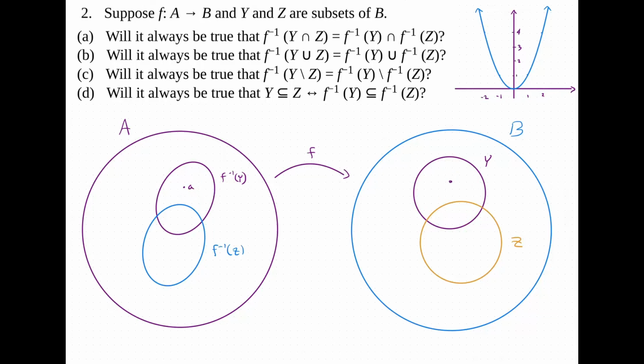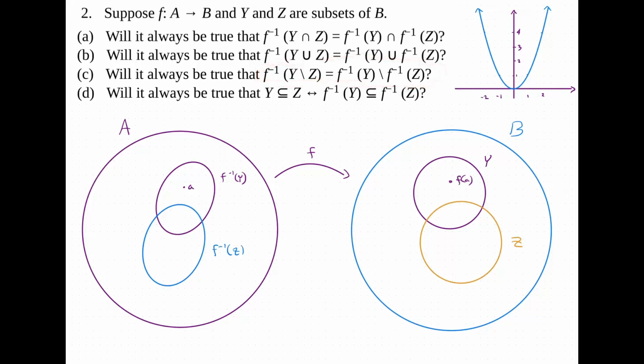And so we have f of A is over here. And by definition, f of A, since it's in the union of y and z, then A has to be in the inverse image of y union z. And so you can do a similar deduction for part C.